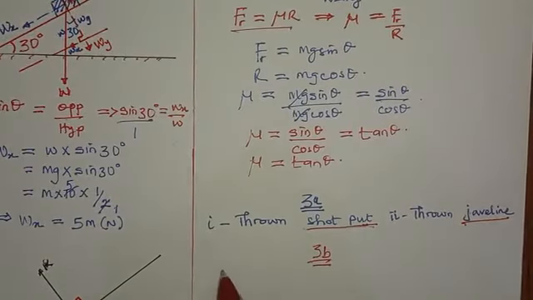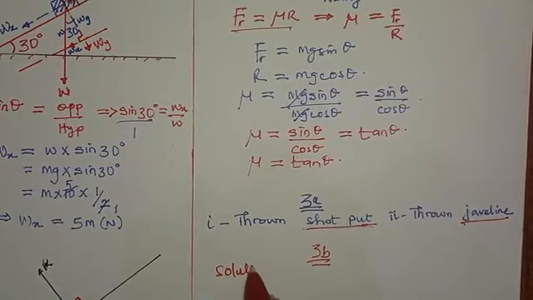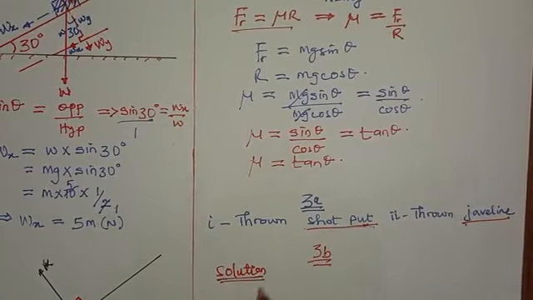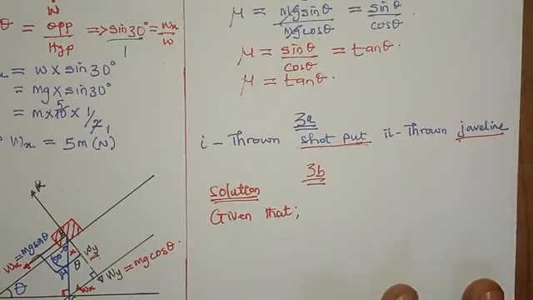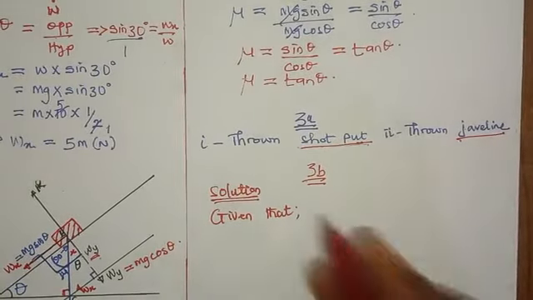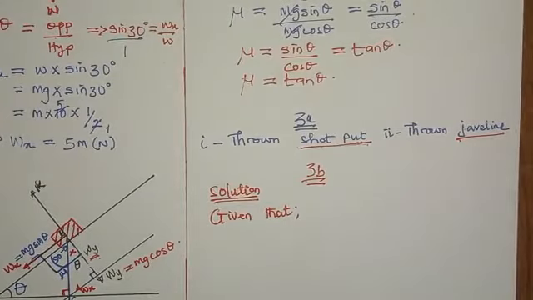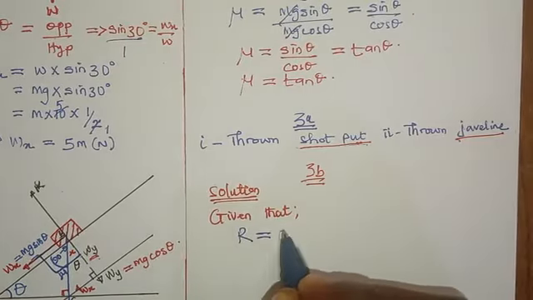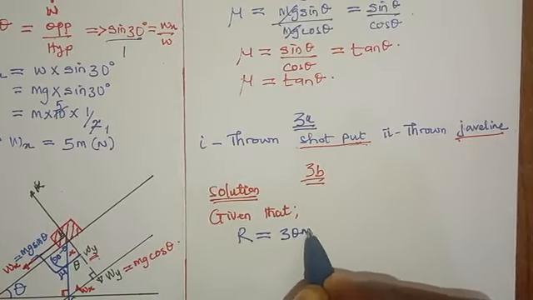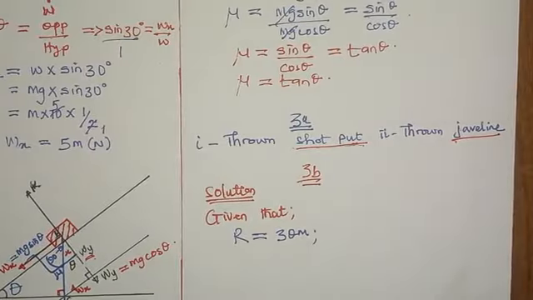So, solution. Given that we're given the horizontal distance, so that should be the range, which is said to be 30 meters. Is that correct? 30 meters.